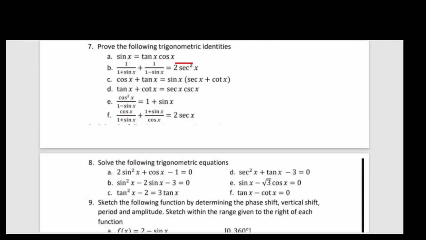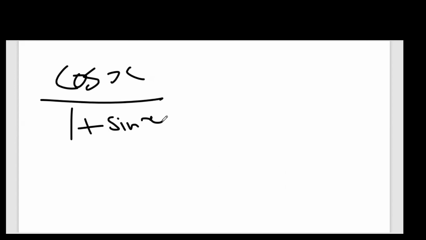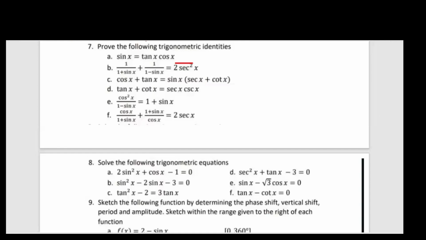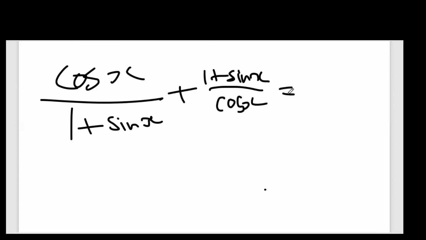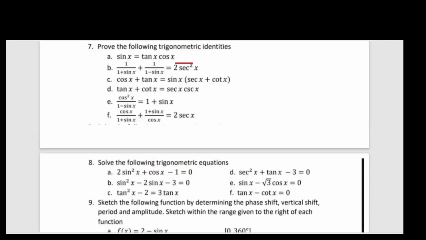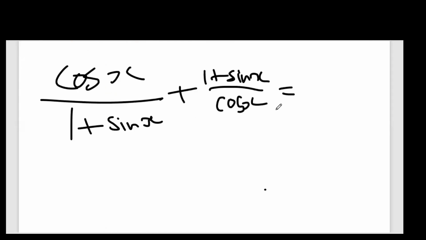We have cos x over 1 plus sin x, plus the opposite of that, 1 plus sin x over cos x, equals 2 sec x.